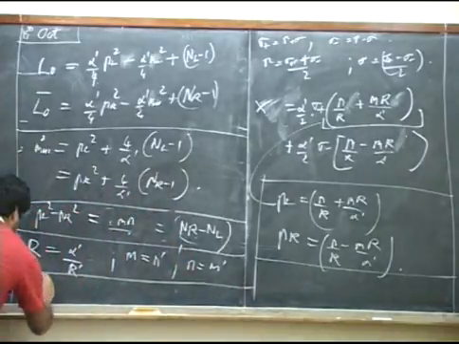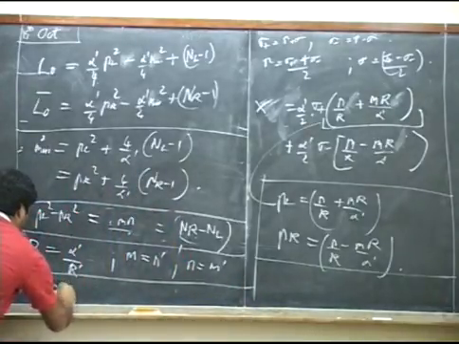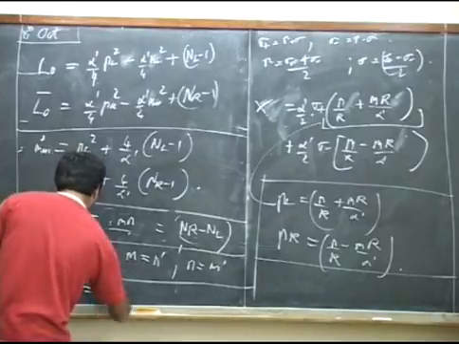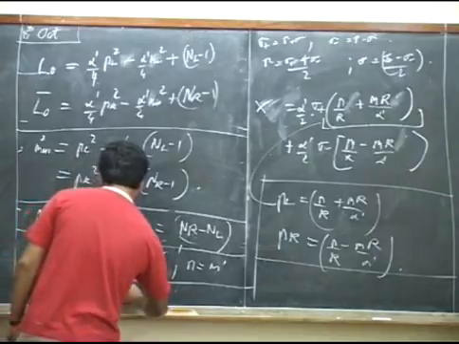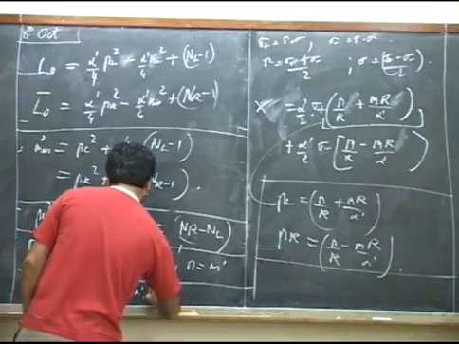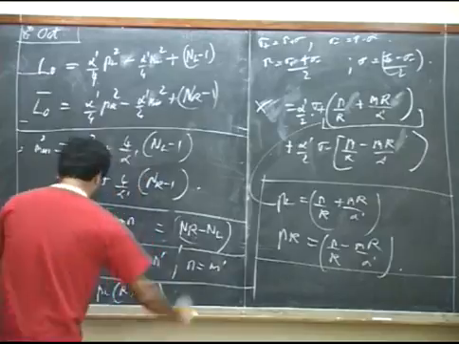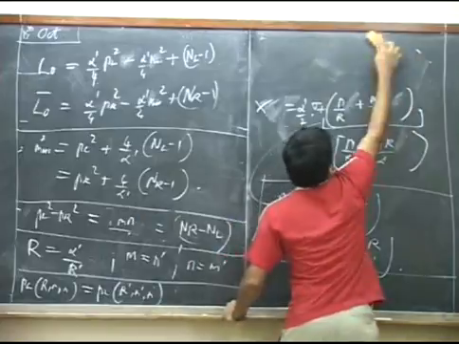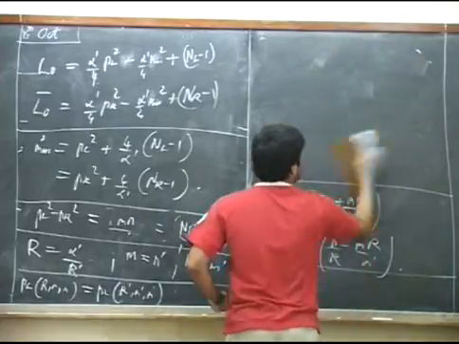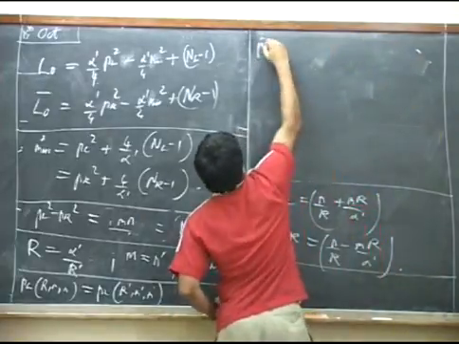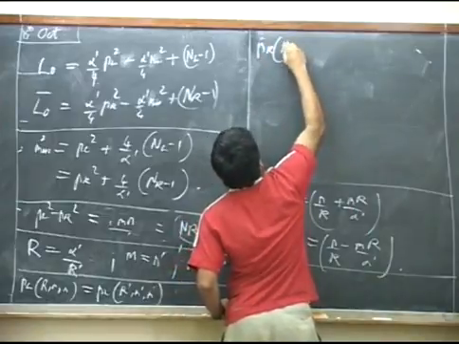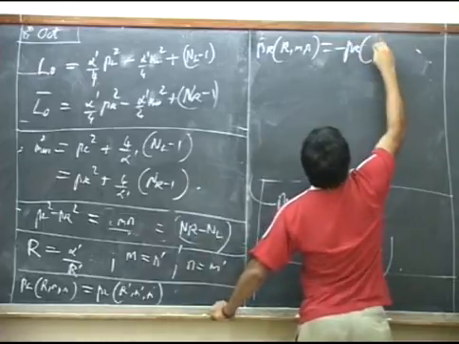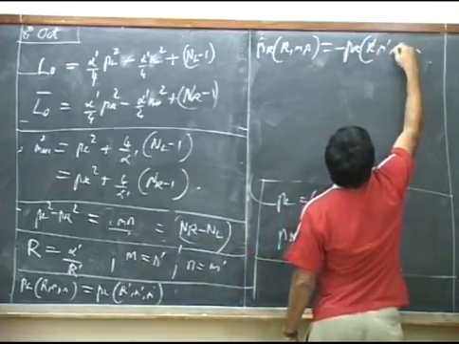Then P_L as a function of R, m and n is equal to P_L as a function of R prime, m prime and n prime, whereas P_R as a function of R, m and n is equal to minus P_R as a function of R prime, m prime and n prime.